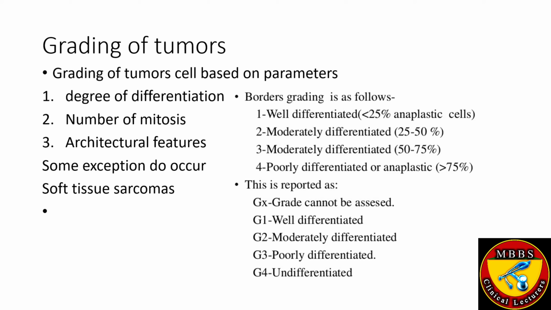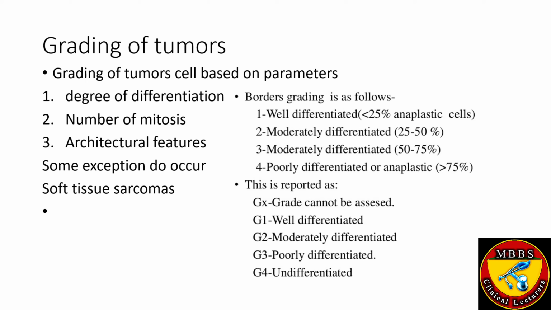Now, the second important parameter is the number of mitoses. Some tumors give, like, 2 mitoses per 10 high power fields. Under the microscope, the histopathologist is going to search and count the mitoses per high power field. And the third category is the architectural feature.